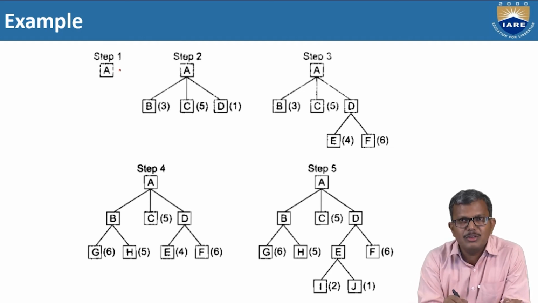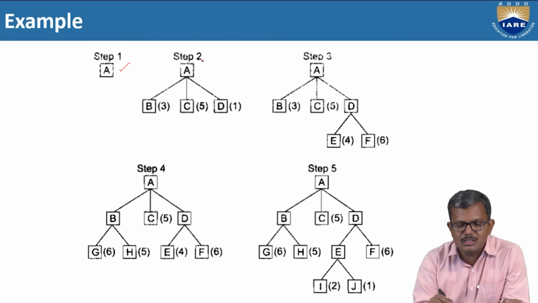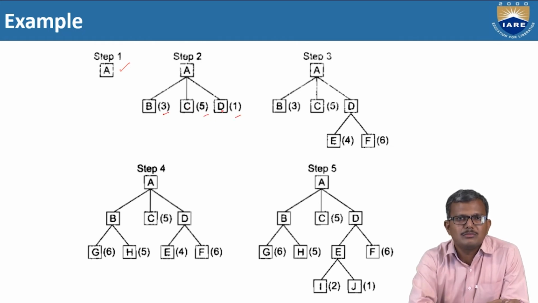So this is your step 1, nothing but your initial state, or otherwise we can say it is a root node, if you are talking about a tree. Next, in the second step, we generate the successor nodes of this A. For example, those successor nodes are B, C and D. We have applied some heuristic function through which we got the values 3, 5 and 1.